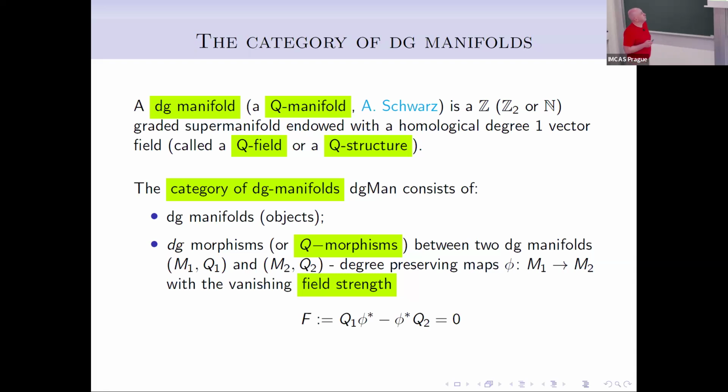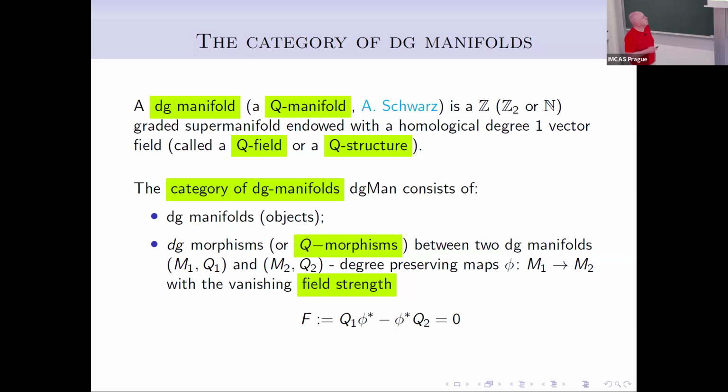And the category of DG manifolds consists of DG manifolds as objects and graded degree 0 morphisms, which are commuting with Q, and is called Q morphisms. So they're morphisms between two Q manifolds, or DG manifolds.